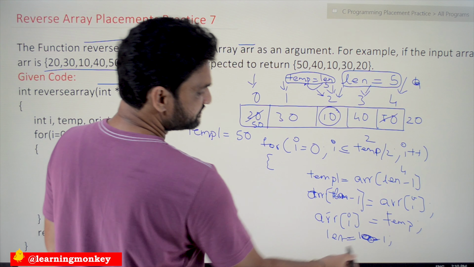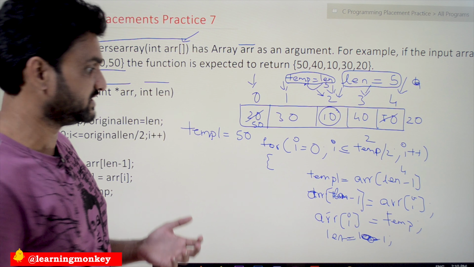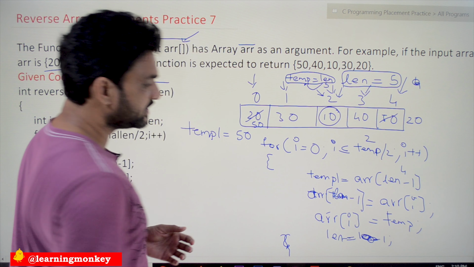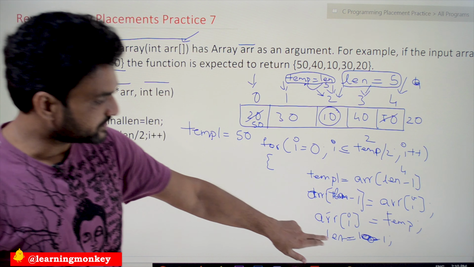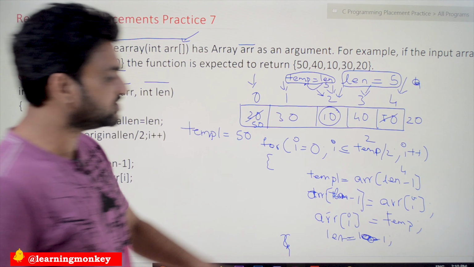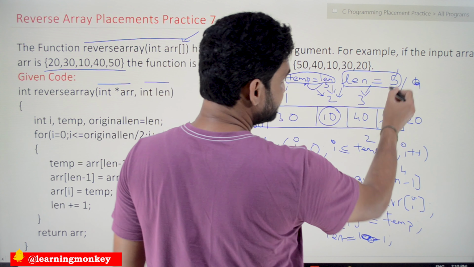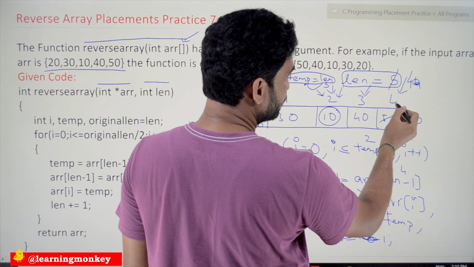Okay, so ln minus equal to means ln is equal to ln minus 1. So this is the end of the for loop. So this ln value will get decremented now. So it is going to be 4.